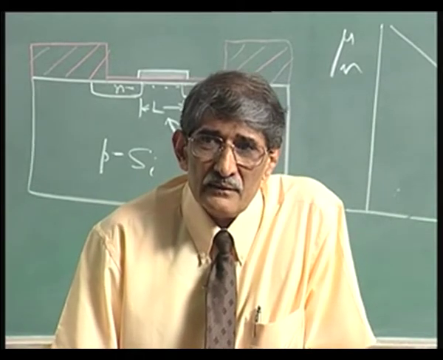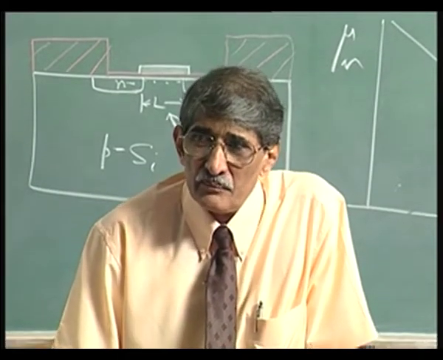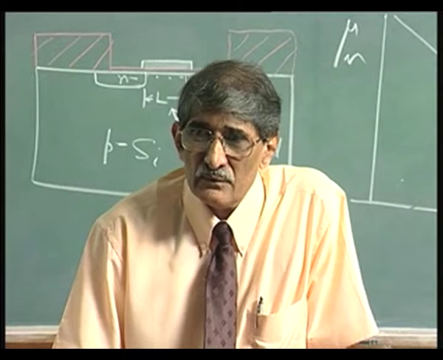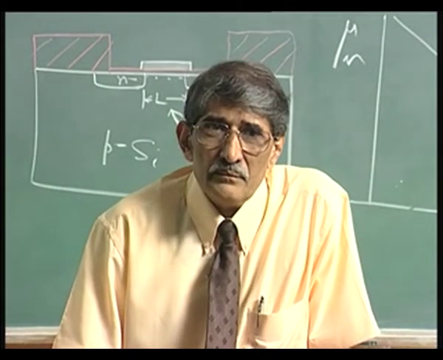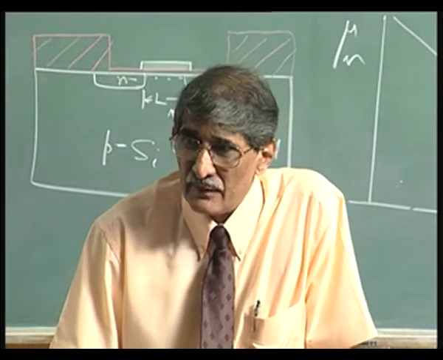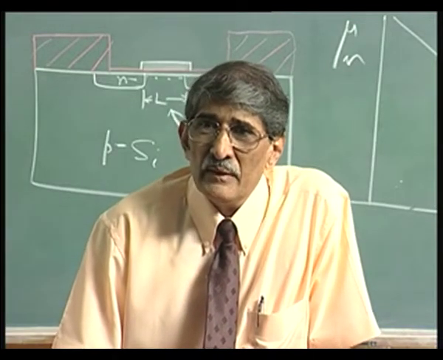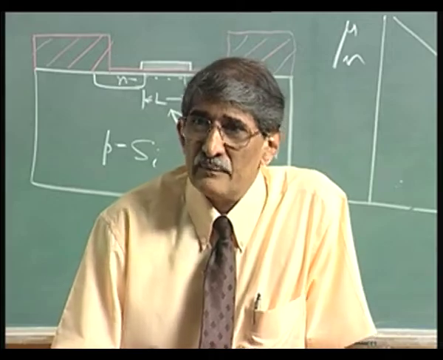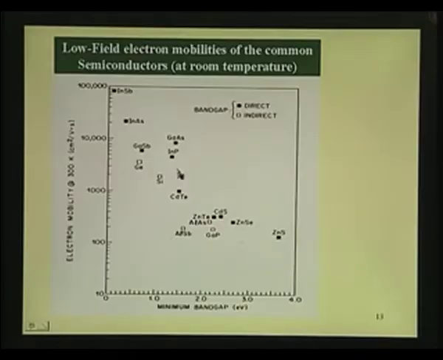Indium phosphide band gap is 1.35 electron volts, mobility is 4500 centimeter square per volt second, that is at room temperature. Okay. So, we have chosen gallium arsenide and indium phosphide, which could be the potential candidates for high speed devices.